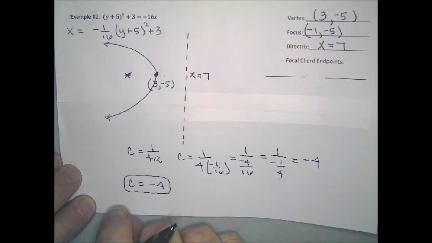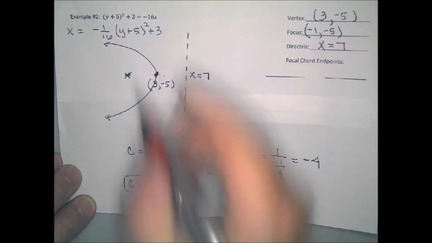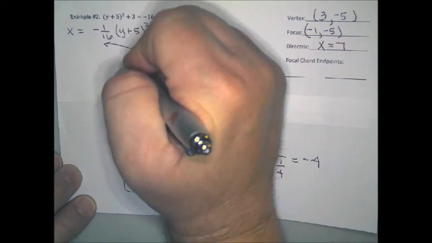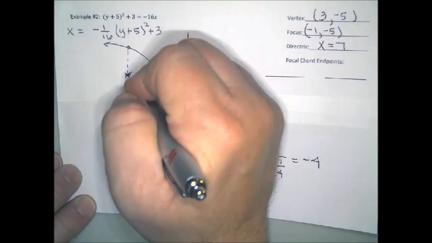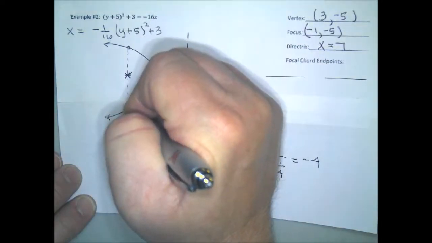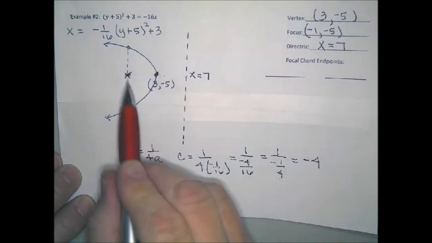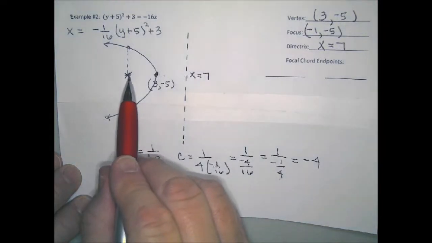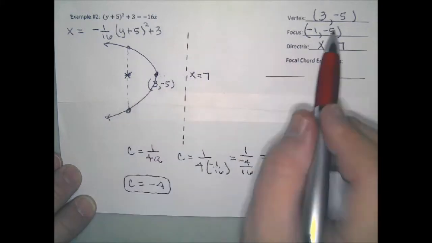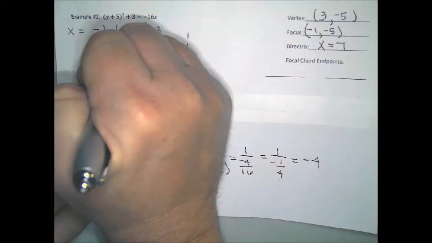Now the last thing I have to do is find those two focal chord endpoints. If I went like this, and I went like that, what would be those 2 points? Well, I'm moving from the focus, so it'd be nice to remember what my focus was. It was negative 1, negative 5.